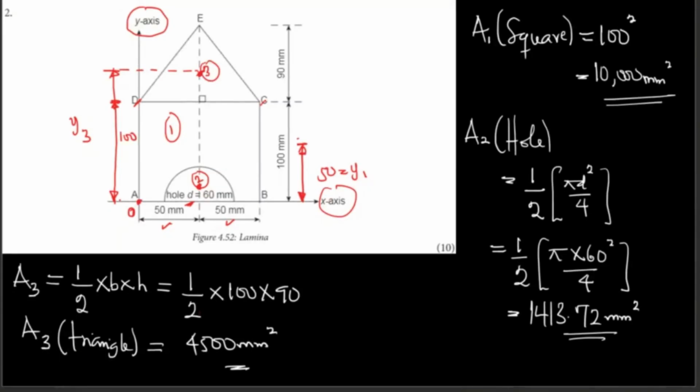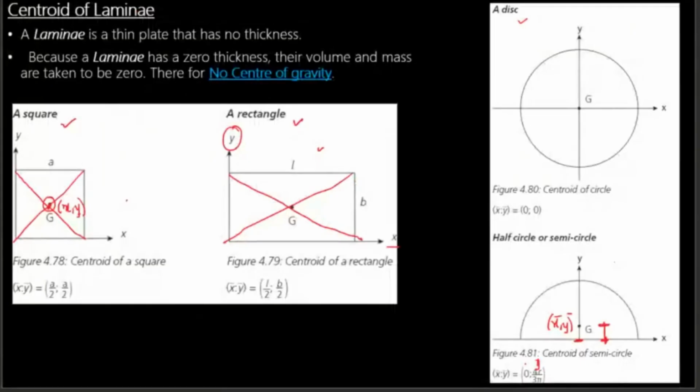What is the distance from this point to this point? Let's go to what I was showing you. You are going to divide by 3. Can you see the distance here? For this one it is 1 over 3 of the width. This one is 1 over 3 of the height.